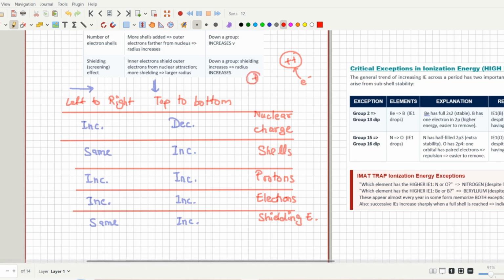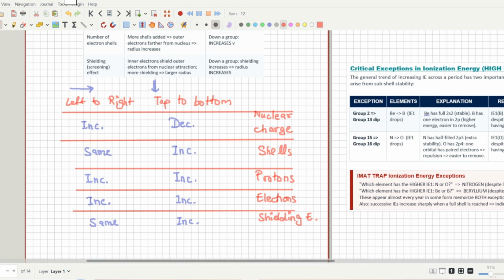And if it is one charge, then the electron will be attracted, but it won't be as close, because one positive charge might not be able to attract the electron as much as two positive charges.